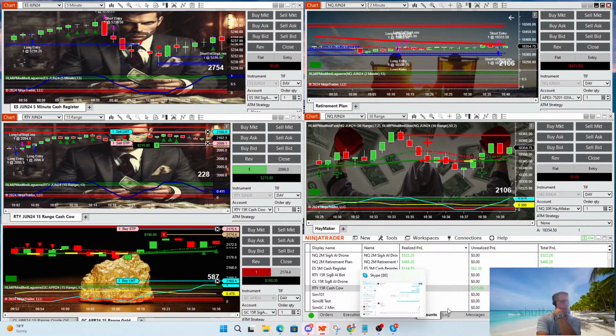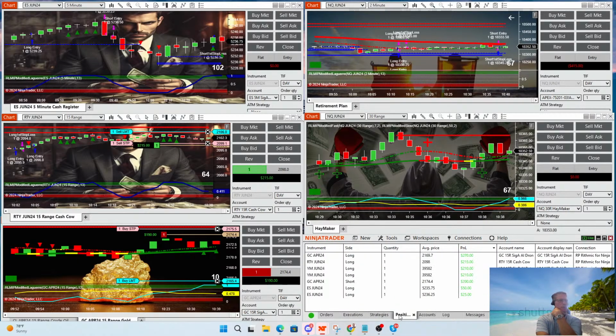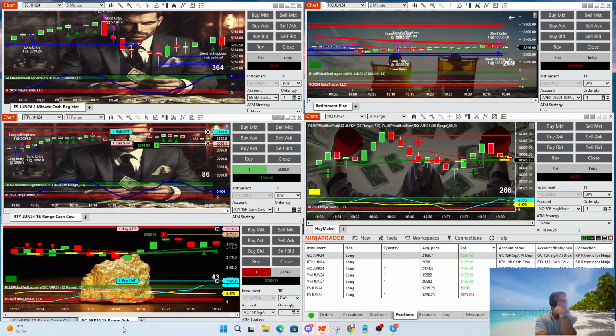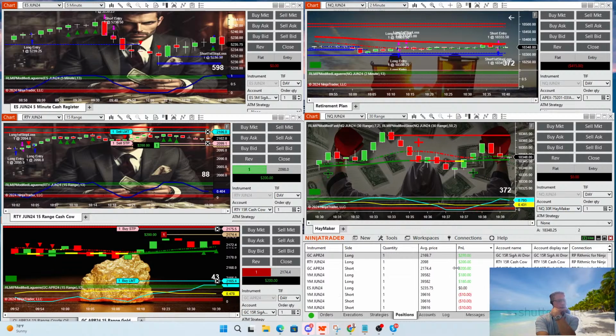Let's see if there's any great positions open. Got a nice position long on gold. We'll take a quick look at that. That's the one we're looking at, I think.